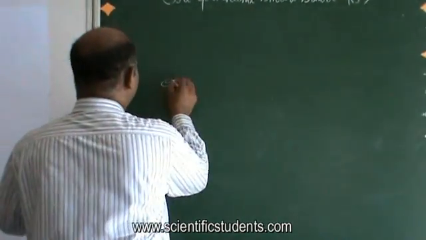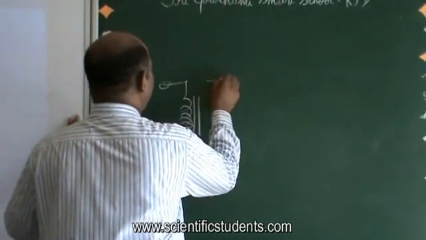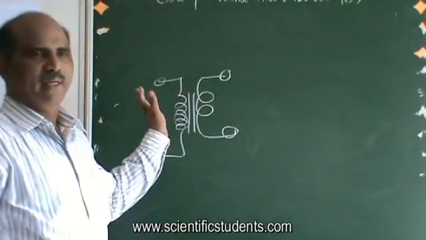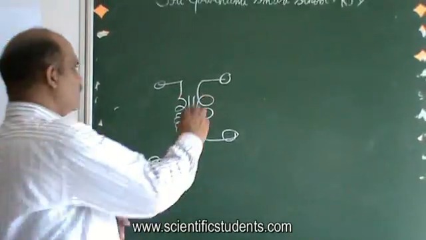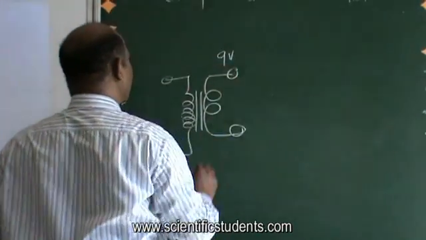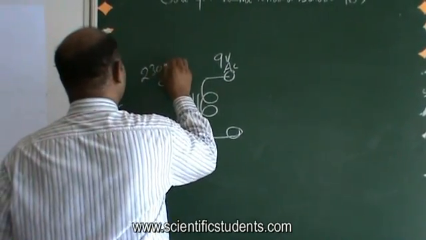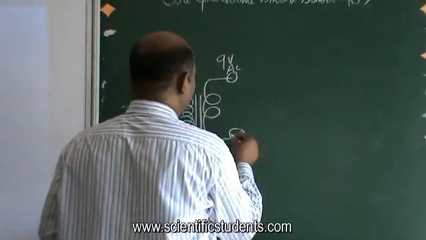Suppose I told you we have a transformer. We have a transformer, primary and secondary, 230 volts and 9 volts AC. Here it is 9 volts AC, and here it is 230 volts AC, and of course neutral.